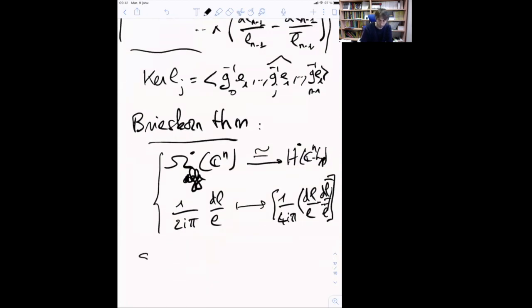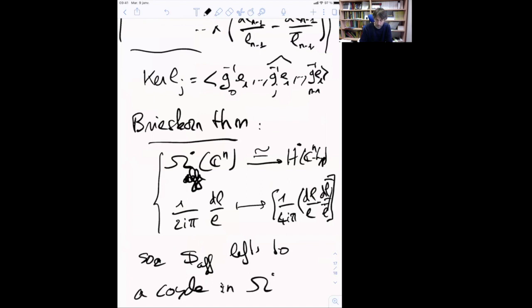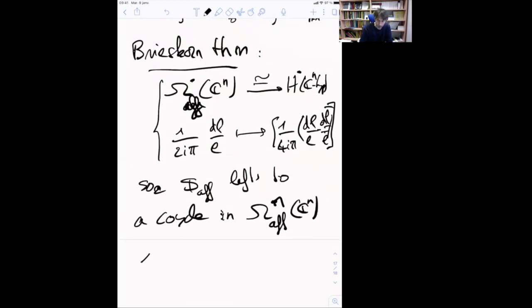So S affine lifts to a cocycle, which is given by the formula 1 over 2i pi n, dL_0 over L_0, wedge dL_{n-1} over L_{n-1}.